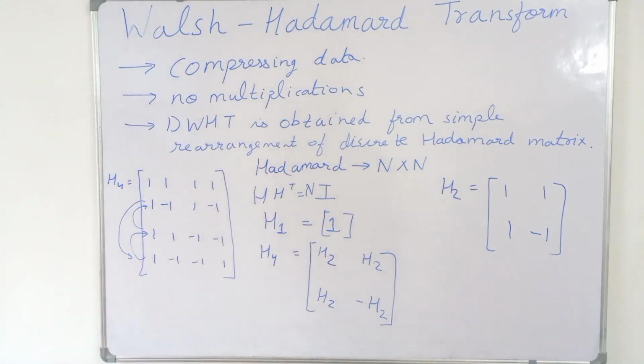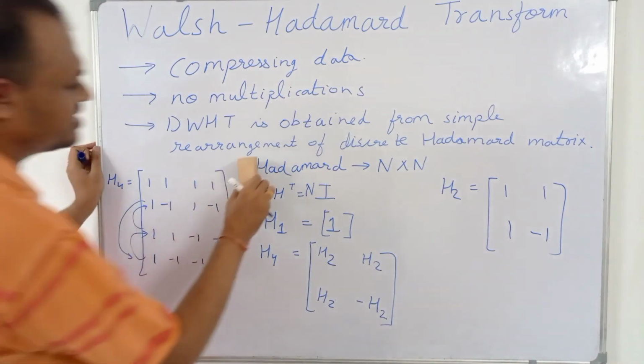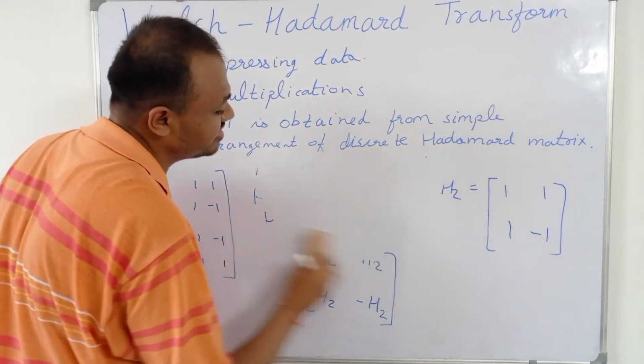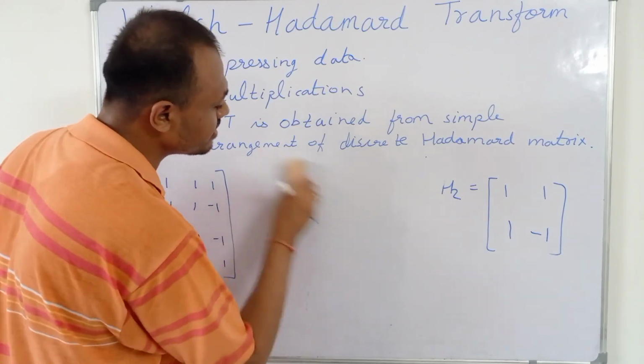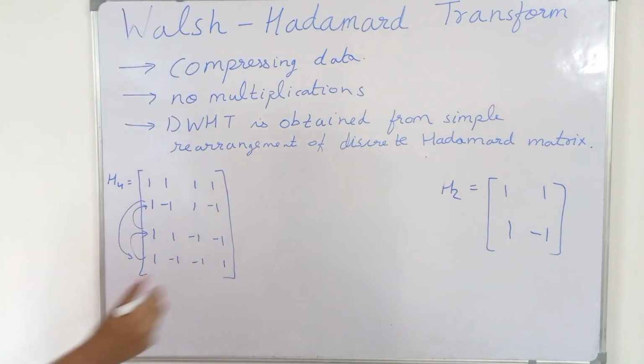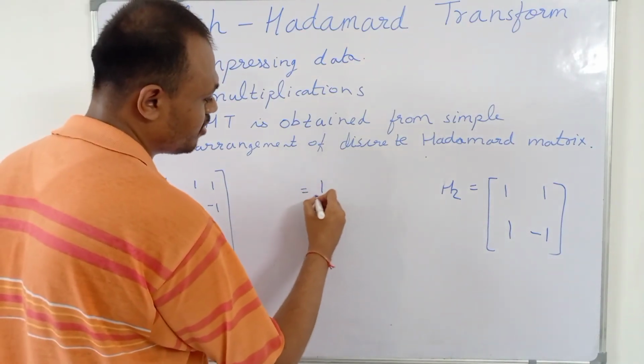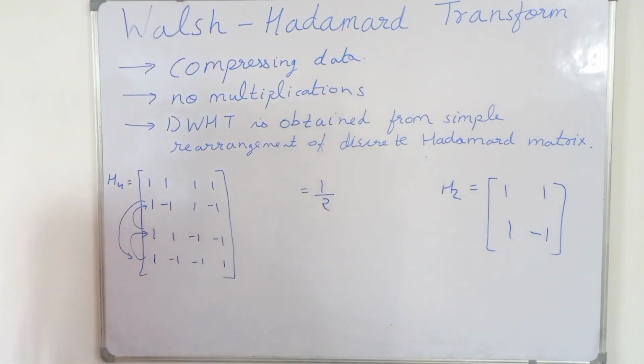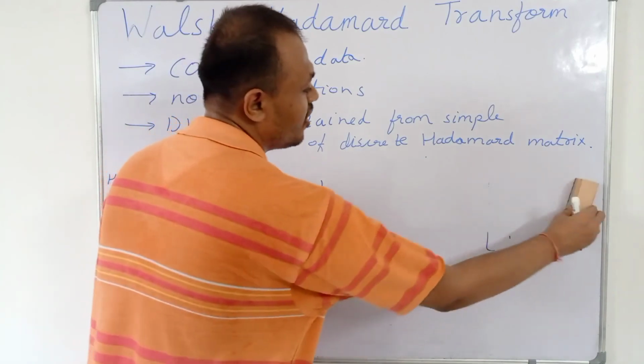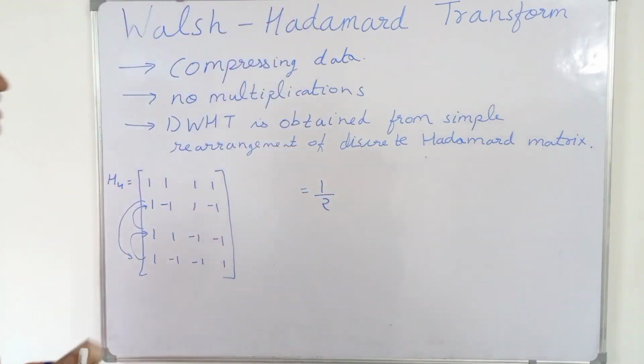So to obtain the 4-point DWHT, it is equal to 1 upon 2 times the matrix. This is the normalization factor. There was no normalization factor in the Hadamard matrix, but in the Walsh-Hadamard transform, this is the normalization factor.